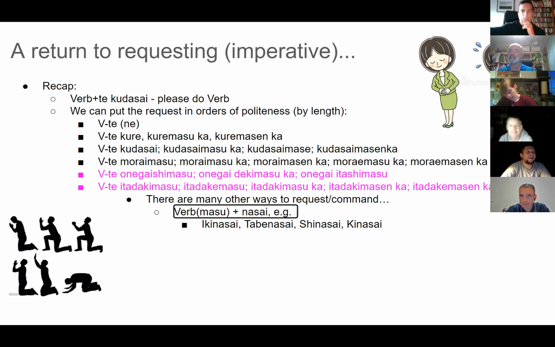One piece left, and you could say to Oshita Sensei, "Kore o tabete kudasai." But this kind of sounds like you're asking him to do you a favor. But if you say "tabenasai," which drops the level of politeness a little bit, it means, "Oh, please eat this." You're obviously not doing it as a favor to you. It's like, "Oh, please go ahead, please eat this." Like saying "Tabemasen ka?"